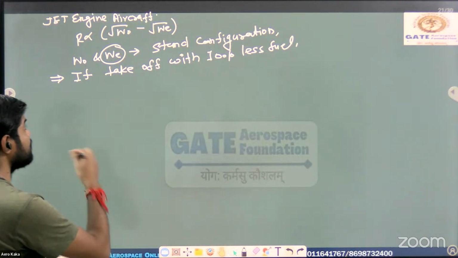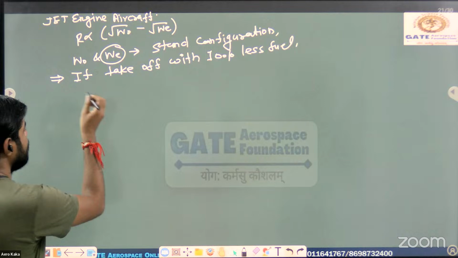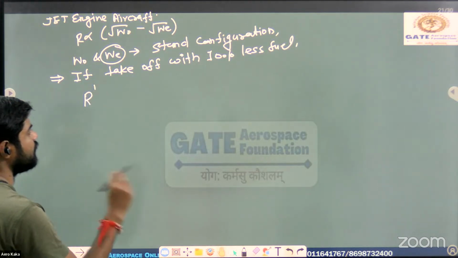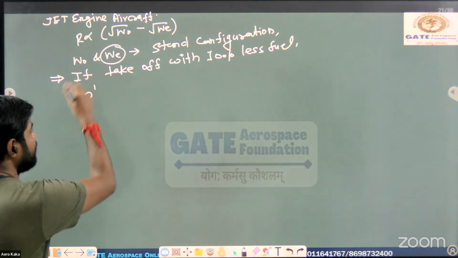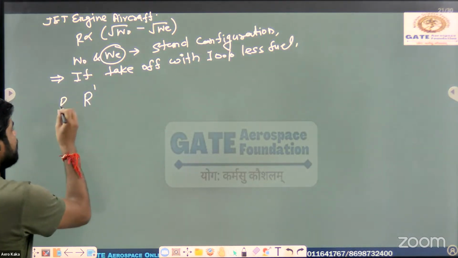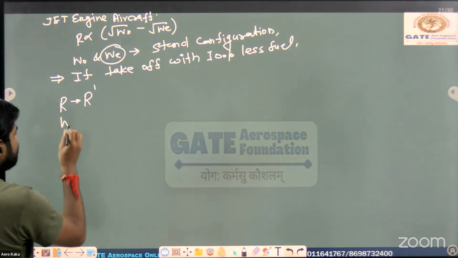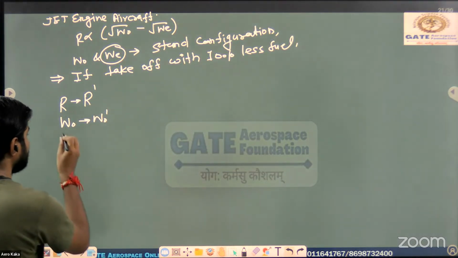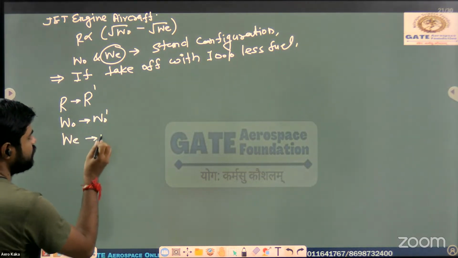So let's discuss. Consider the range R as R prime, and W0 becomes W0 prime, while WE is not going to change.